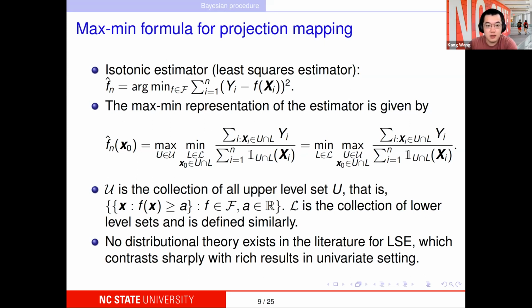But even though there are rich distributional results, locally or globally, in the univariate setting in the frequentist literature, no distributional theory exists for the multivariate isotonic estimator.